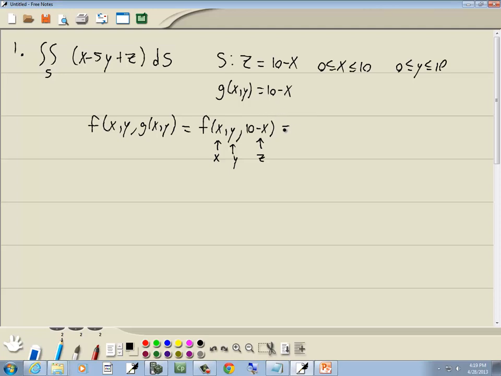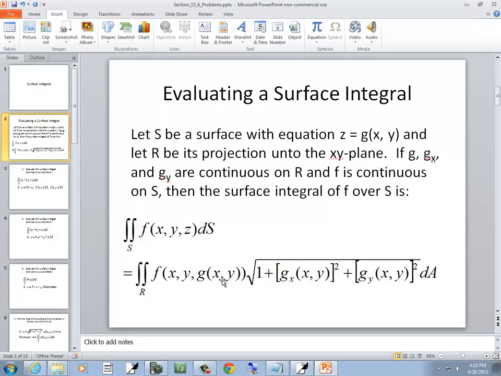The way this always works is whatever you have here, you just replace in your original function. You replace the z with whatever you have. So this becomes x minus 5y plus z, and again this is our f of x, y, z right here, and we're replacing the z with 10 minus x, which is going to give us x minus x drops away, and we've got negative 5y plus 10. Okay, that's the first part of our formula.